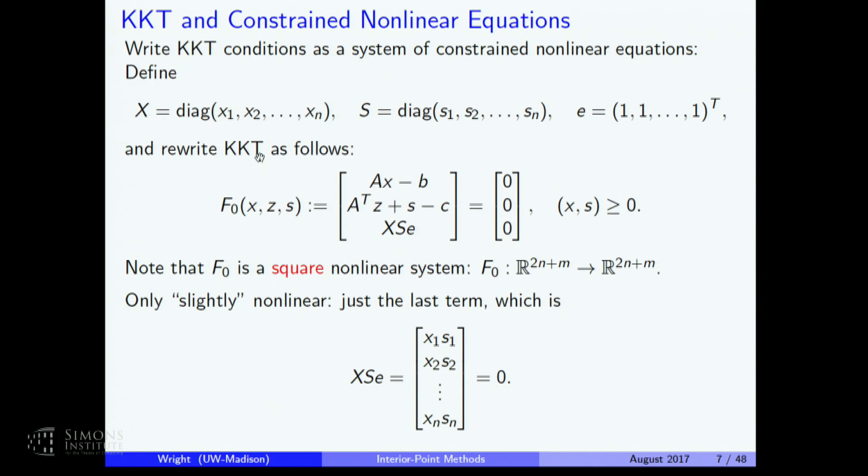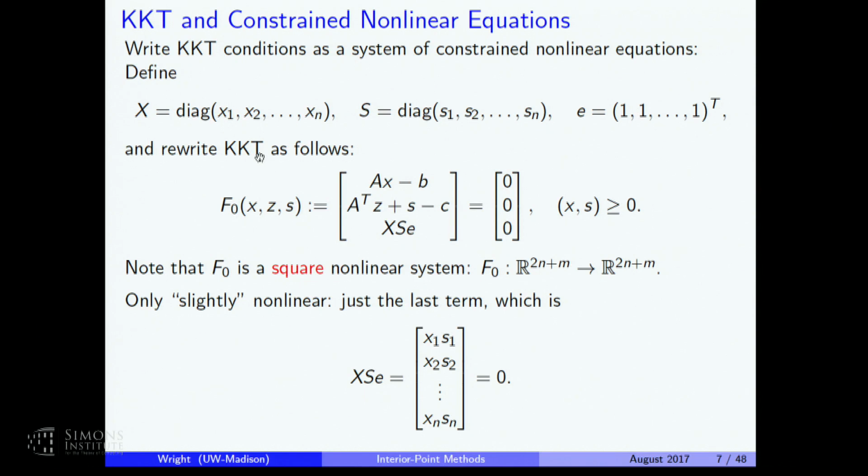Okay, so we're going to use this notation a lot where we take a vector and make it into a diagonal matrix. So I take the components of x, string them out along a diagonal, put zeros everywhere else in the off diagonals, and I get a matrix big X. Same thing for S. And then also I'll use a lot this vector e, which is just a vector of all ones. Okay?